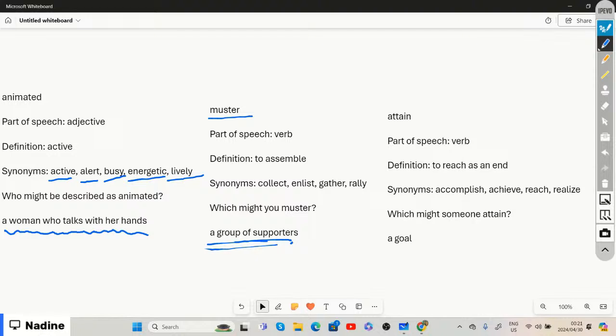All right. And when it comes to the word attain, remember we said it is a verb, to reach as an end, to accomplish, achieve, reach, and realize. And we attain a goal.